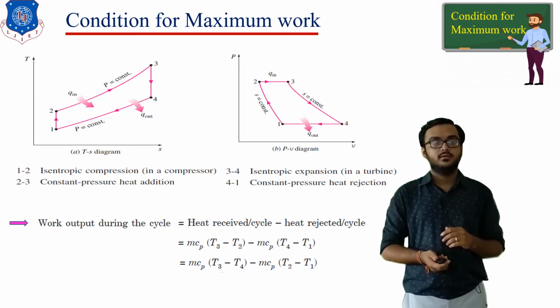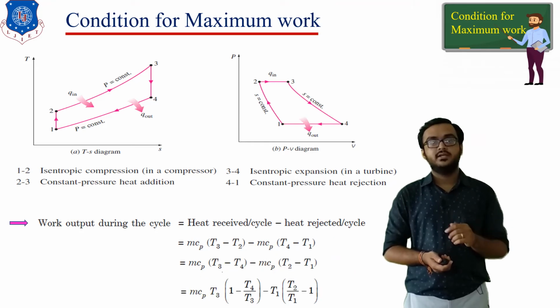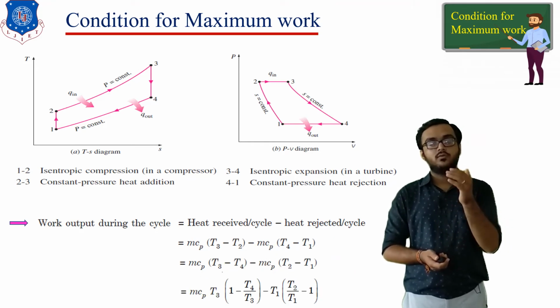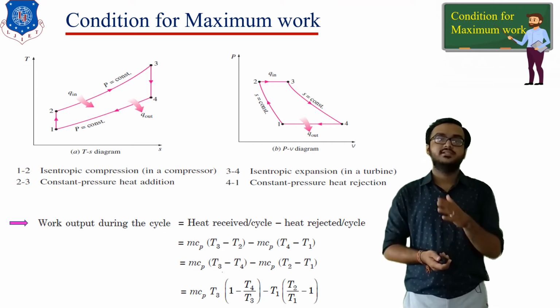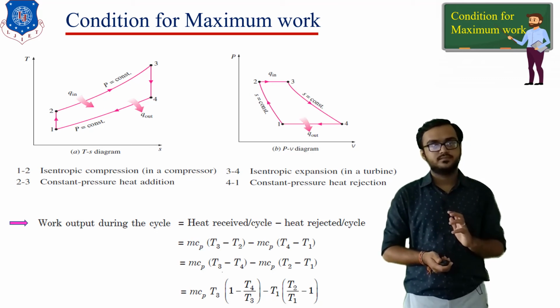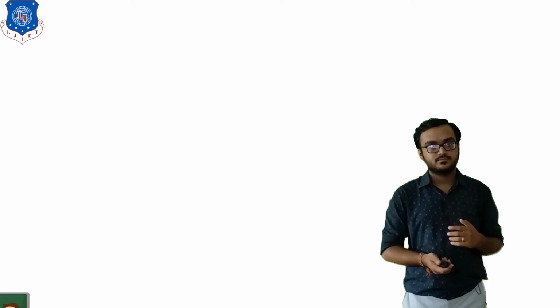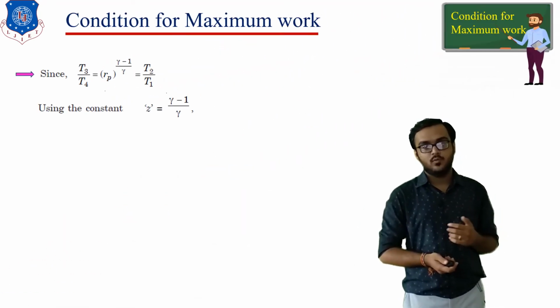So you will get this type of expression: MCP into [T3 into (1 minus T4 by T3) minus T1 into (T2 by T1 minus 1)]. Now we need to further simplify this equation in order to obtain the condition for the maximum work done.